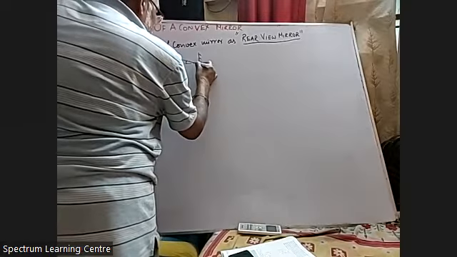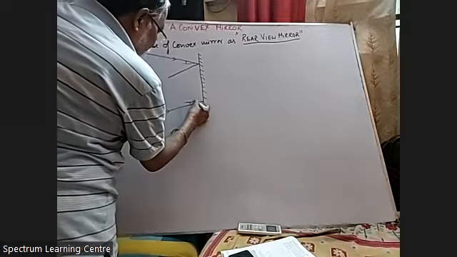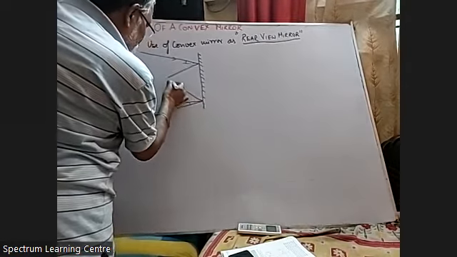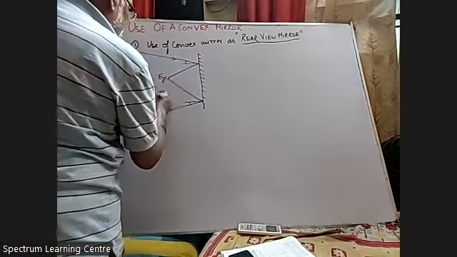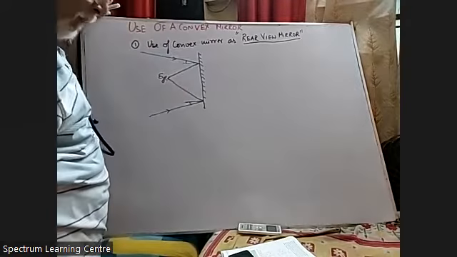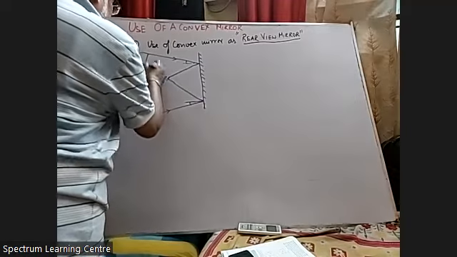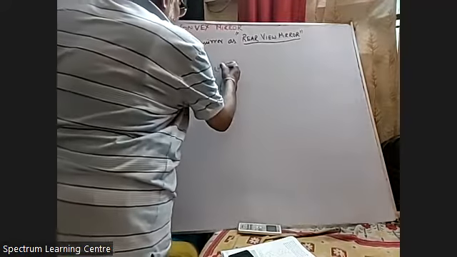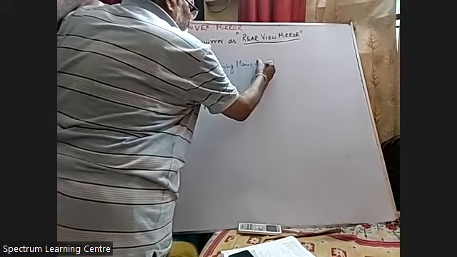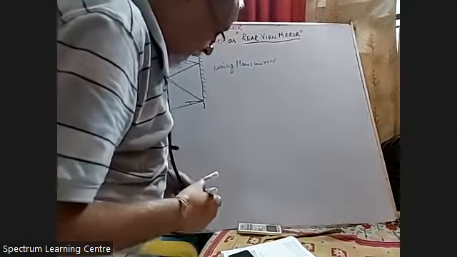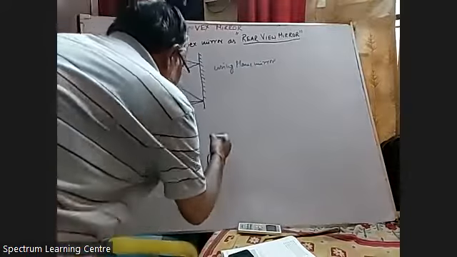So this angle should be equal to this angle, and this angle should be equal to this angle. So here is my eye. Now this is the view I have got using a plane mirror.